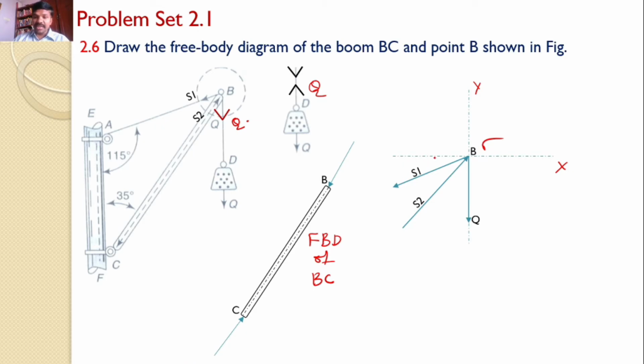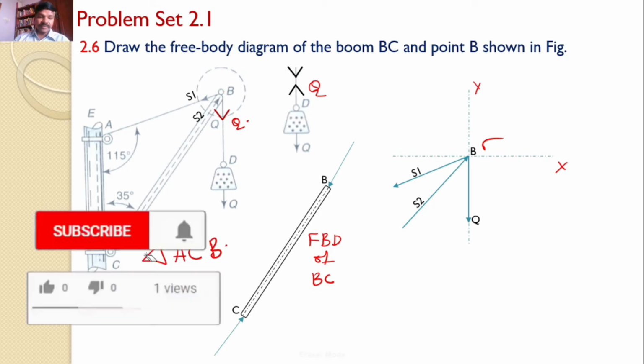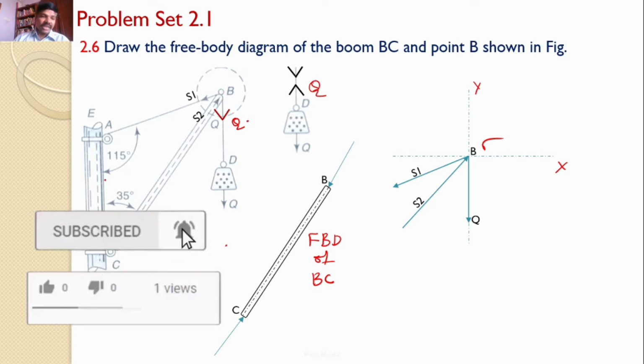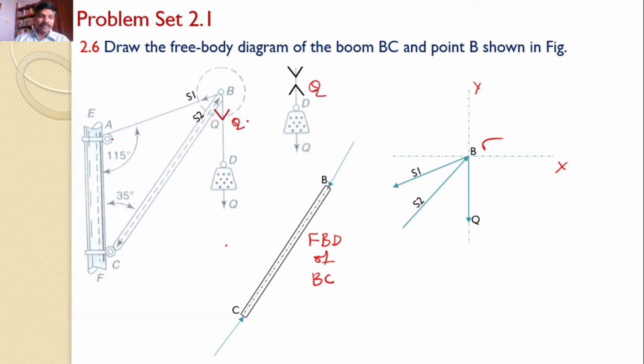We would also present the angles made by these S1, S2 and Q with the XY axis. For that, I will consider triangle ACB. In this triangle, angle A is given as 115 degrees, angle B is given as 35 degrees. Hence, what is this angle?